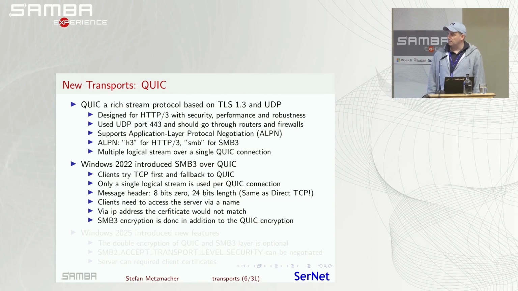From the security point of view, for me it's just like TCP. I just use it to get through the firewalls or so, and so it's not that important if SMB3 encryption is used.